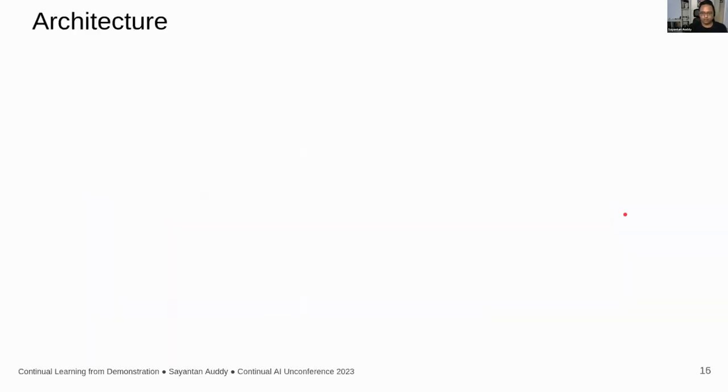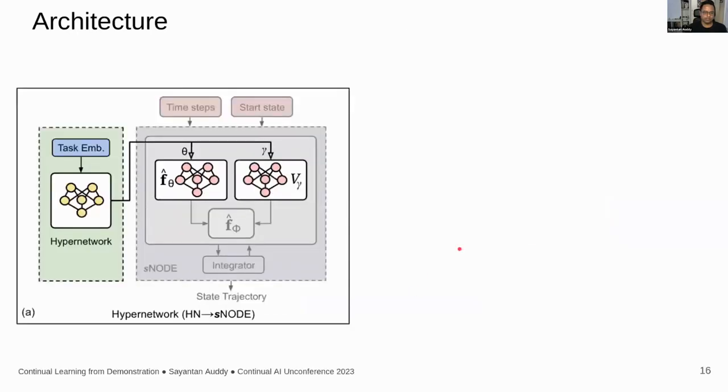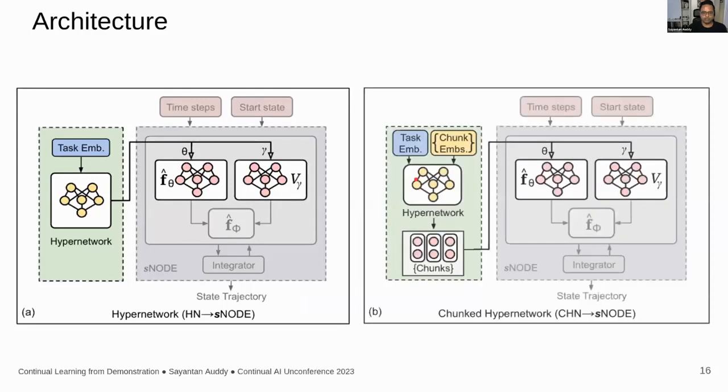So then what we do here is we take the hypernetwork and ask it to produce 2 different neural networks instead of just one, as in the previous case. And we do the same with the chunked hypernetwork. And then the stable neural ODE is trained as in the original paper.